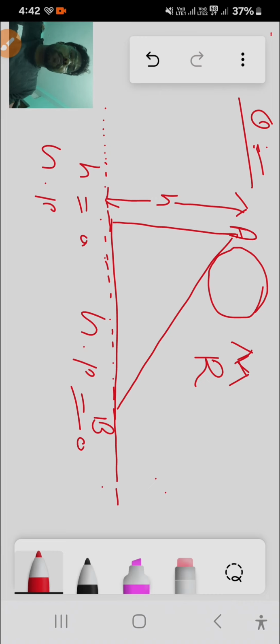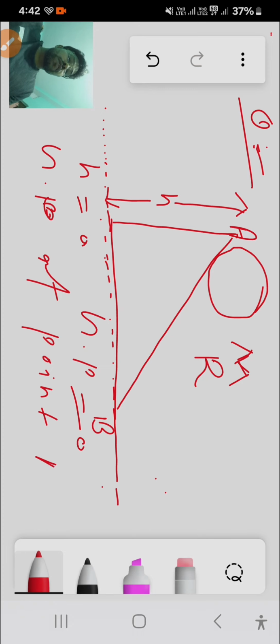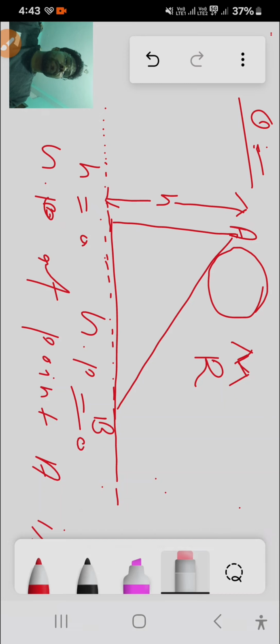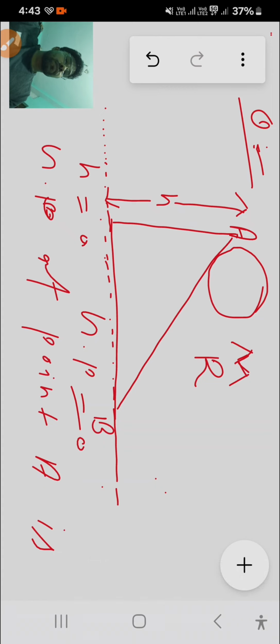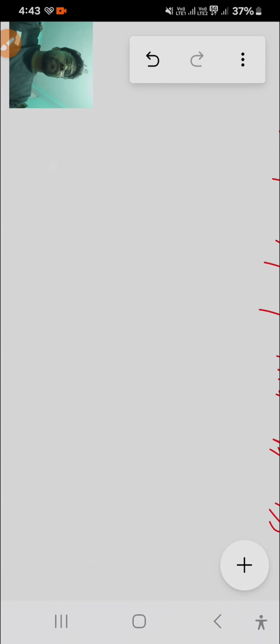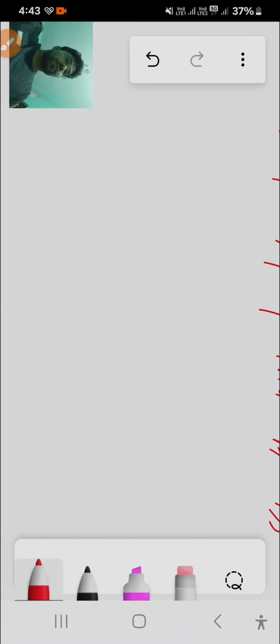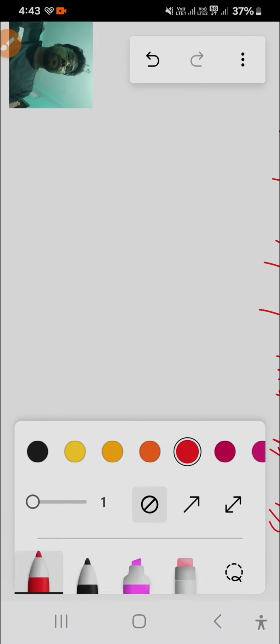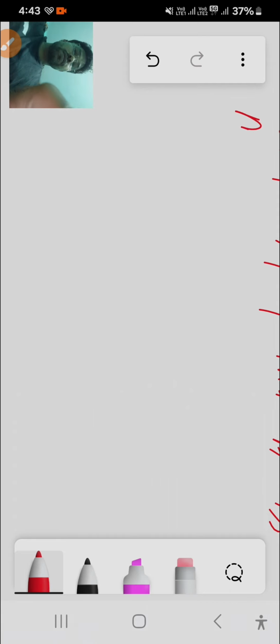gravitational potential energy at point A is mgh.